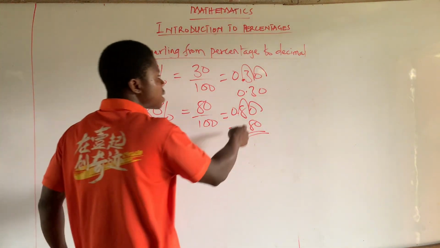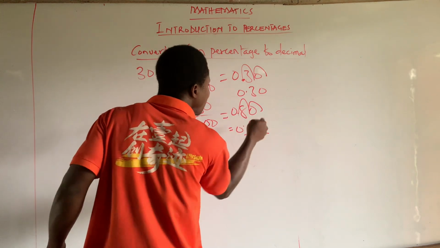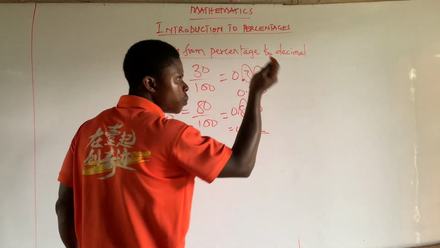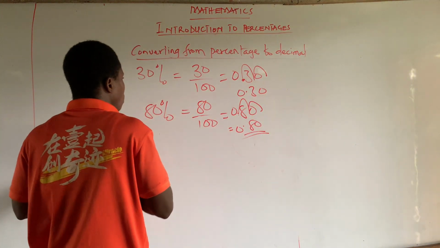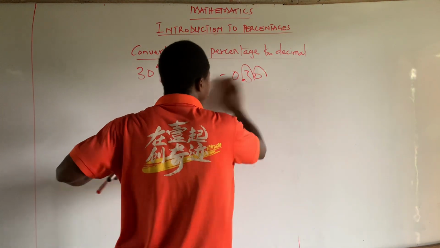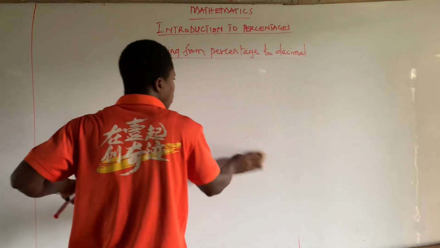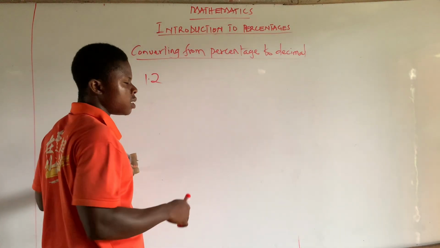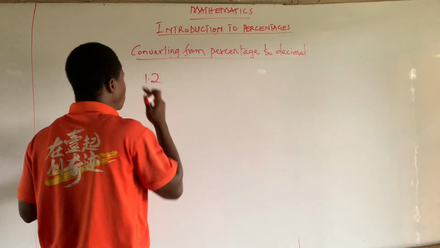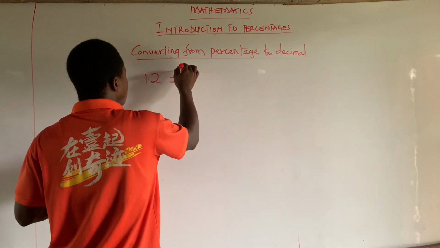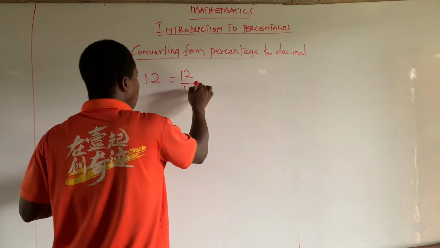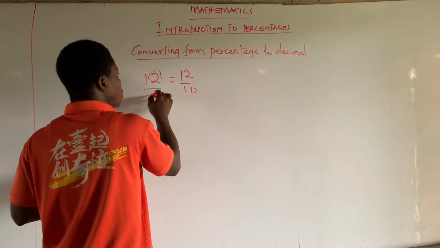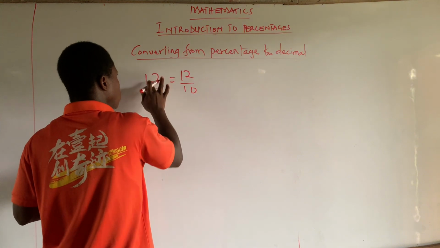Let's take converting from decimal to percentage. Any decimal, give me any decimal. 1.2 to percentage. So 1.2 here is the same as 12 out of 10. You get it? Very good.